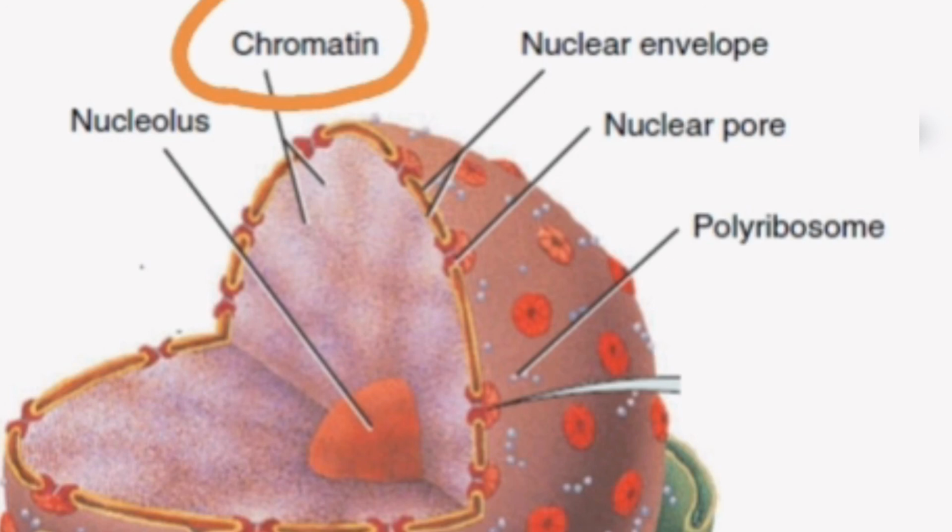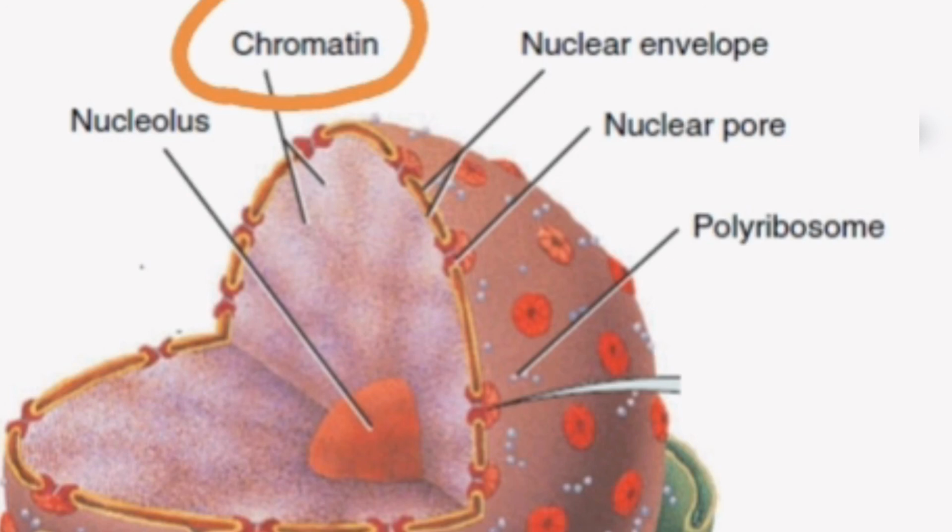Genes are arranged along chromosomes. Chromosomes contain DNA. This complex of DNA, proteins and some RNA is called chromatin. In this picture, this marked region represents chromatin.